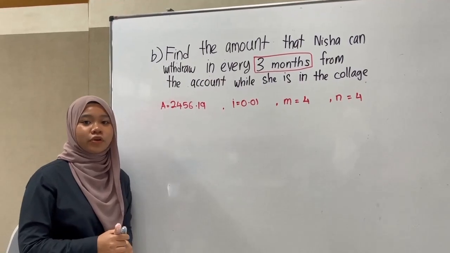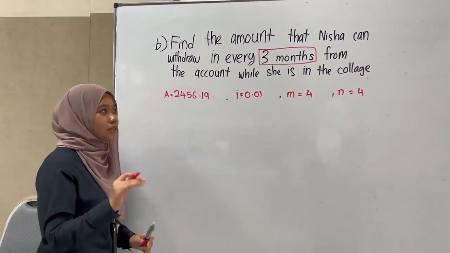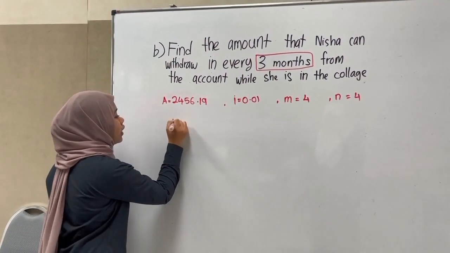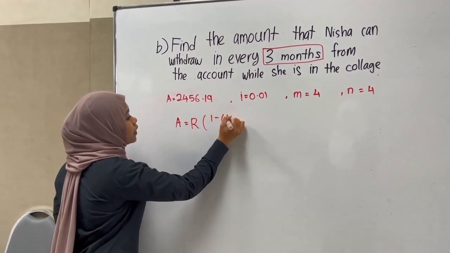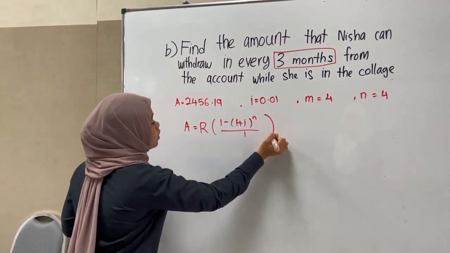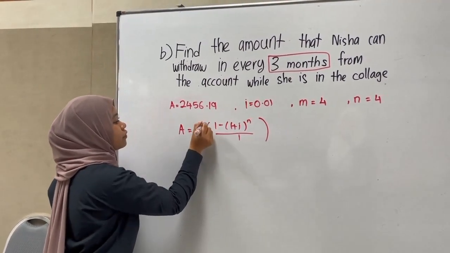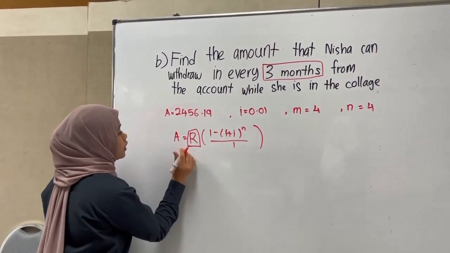So for our next question, the question asks to find the amount that Nisha can withdraw in every 3 months. So we have to use the formula A equals R[1 - (1 + i)^-n]/i. In order to find the value of R, we have to insert this amount into the formula.